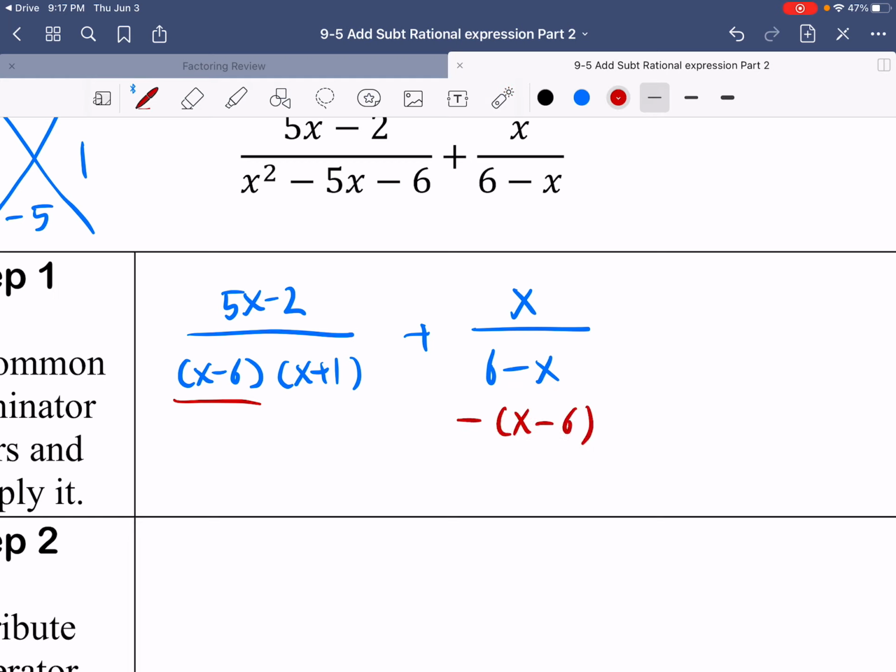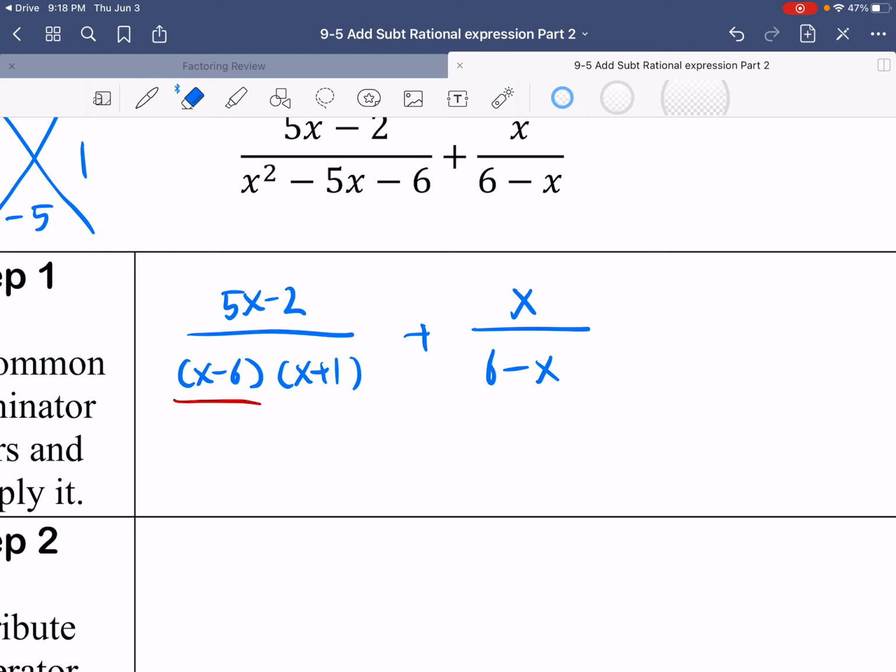Because when you distribute the negative, it's the same as -x plus 6, which is 6 minus x. It's some simple math trick, which if you think about it for 2 minutes, you will understand. But I know you guys are lazy, so if you cannot get it off the top of your head, just memorize it, okay?